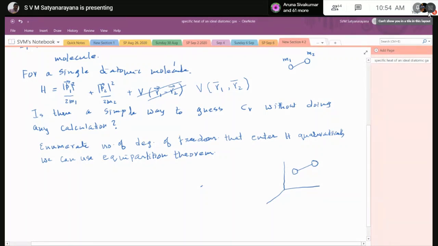Now you can see that if you decompose this into a center of mass, then the center of mass will require three coordinates to move around in 3-dimensional space. And then there are two rotational degrees of freedom. There is no rotation around the axis of the diatomic molecule. So there will be 5 degrees of freedom, translation plus rotation together.